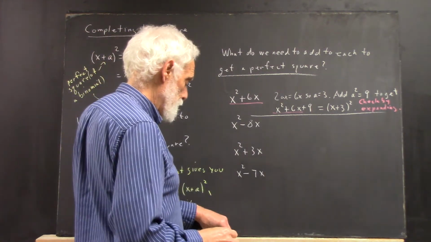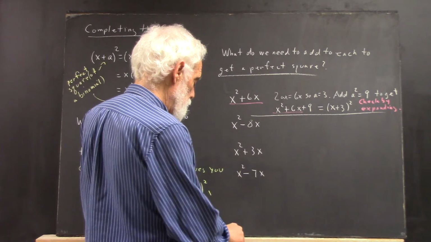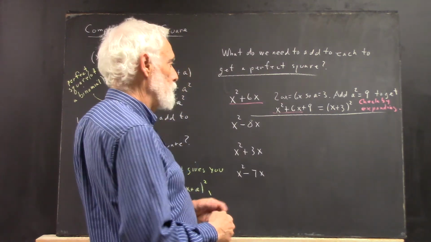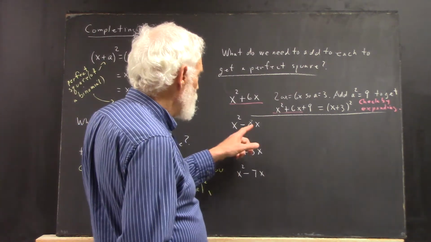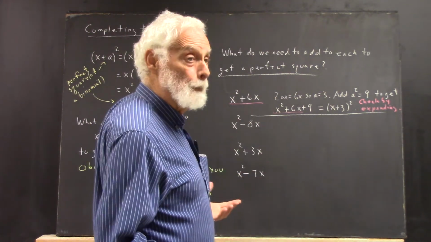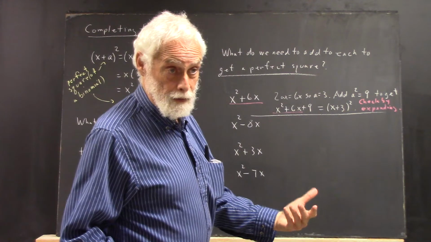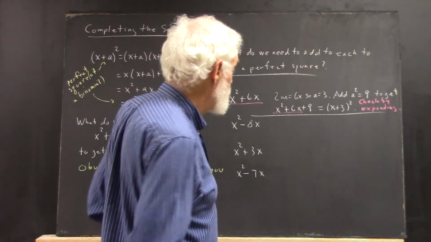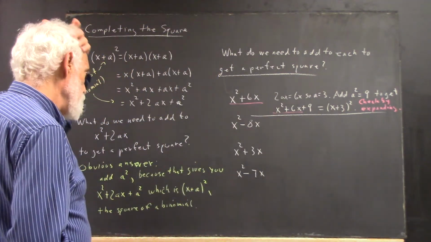Well, that's how it works, that's why it works, and what it comes down to is whatever number you've got in front of x, that's your 2a, so divide it by 2 and square it.